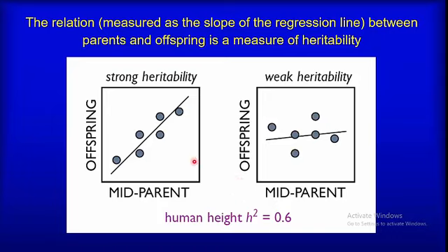Without going into the formula, suppose you have a scenario which looks like this, where these are the parent trait values, these are the offspring trait values, and you can see that in general, as the parent trait value increases, the offspring trait value also tends to increase. That means that if you know the parent's trait value, you can reasonably predict the direction of the offspring's trait value.